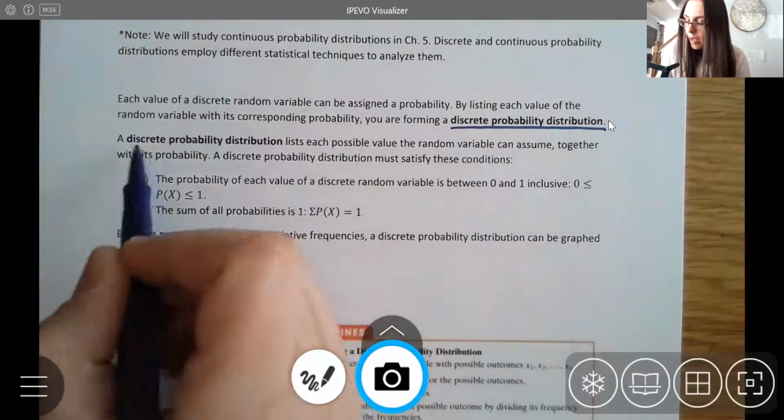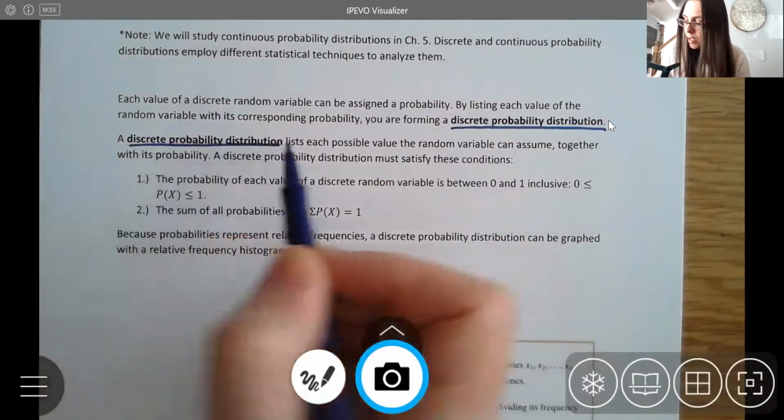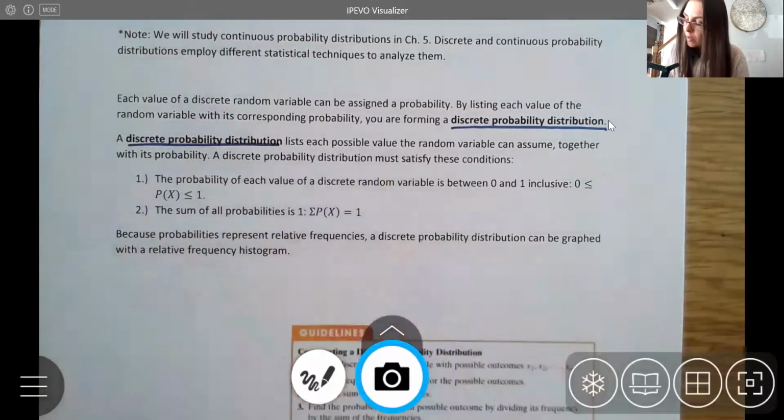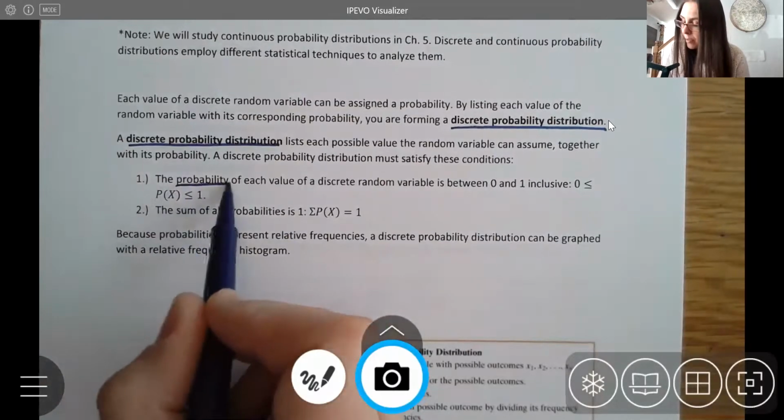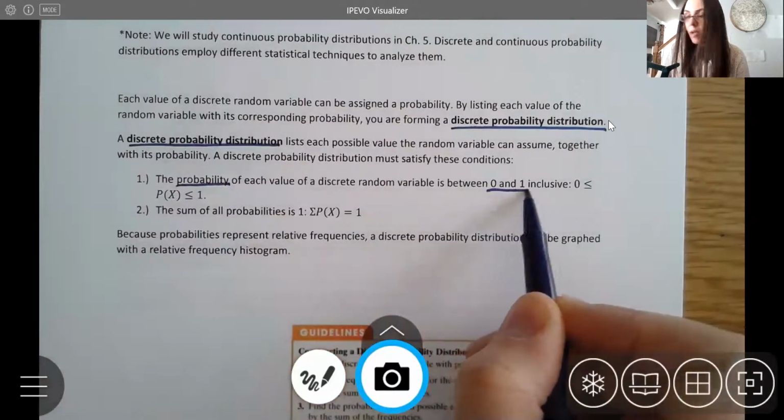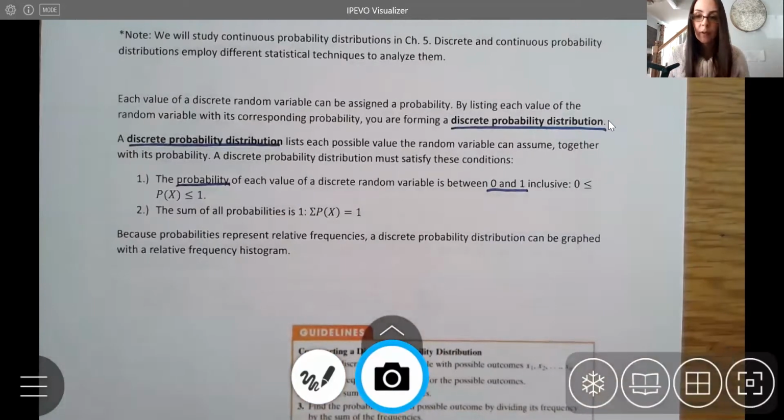Now, things to note: a discrete probability distribution, again, lists each possible value that the random variable can assume together with its probability, but it also must satisfy these conditions. First of all, keep in mind that any probability has to be between 0 and 1, right? We saw that same rule from the previous chapter. Probabilities cannot be more than 1. They cannot be less than 0.